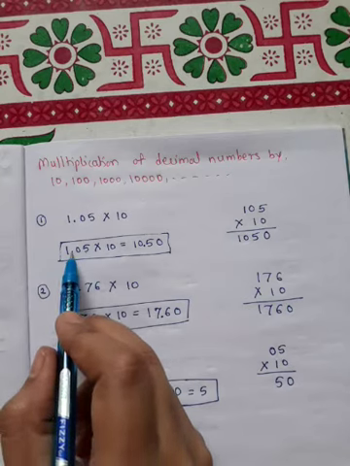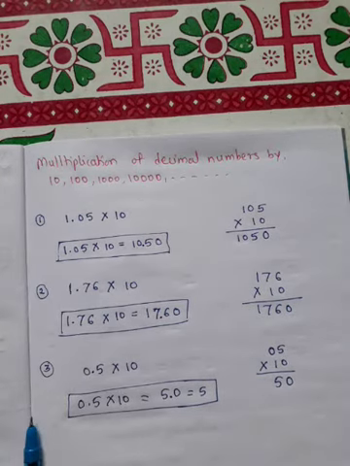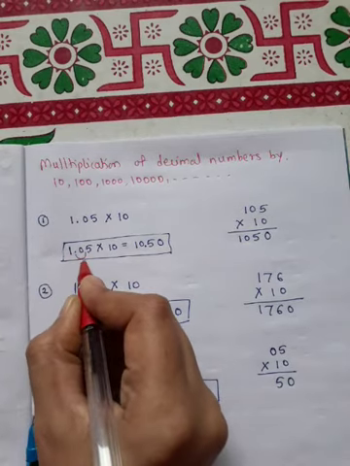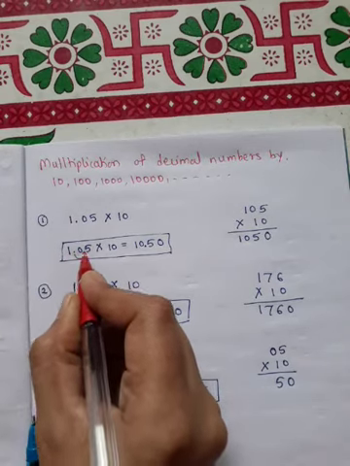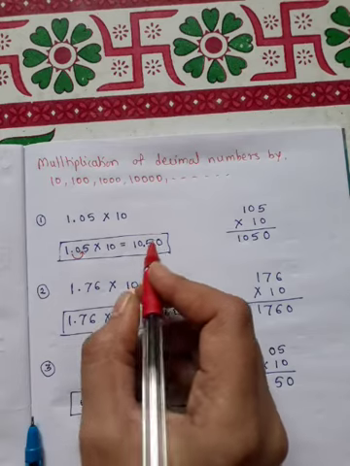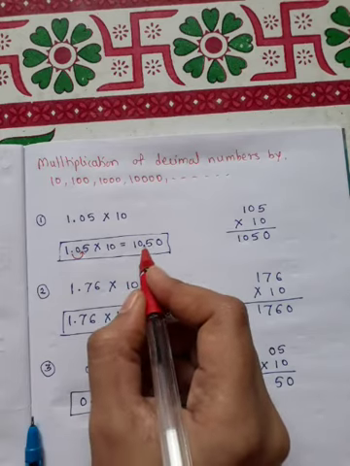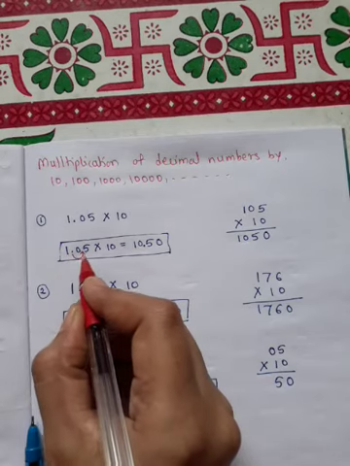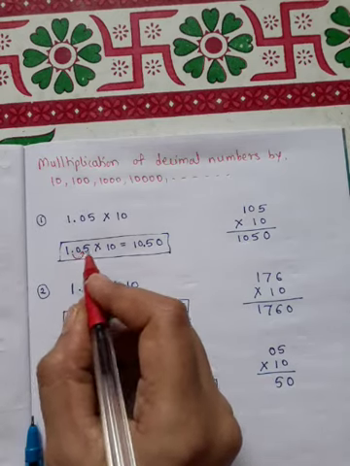This decimal point is shifted to the right by 1 unit. See here in the obtained product the decimal point is after this 0, meaning this decimal point is shifted by 1 unit.